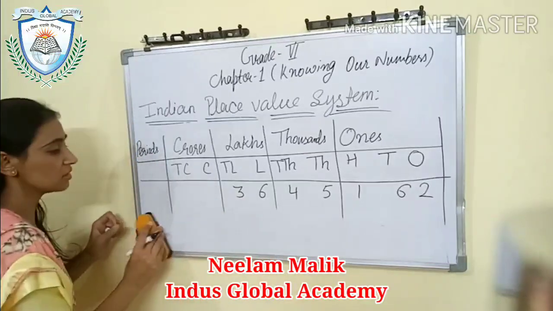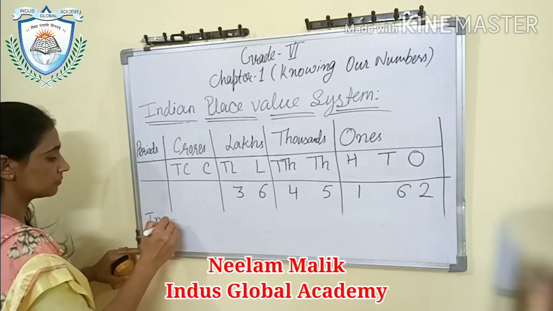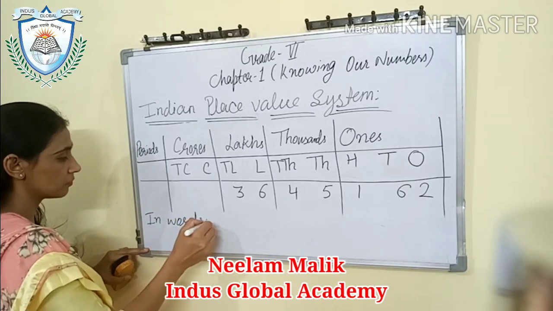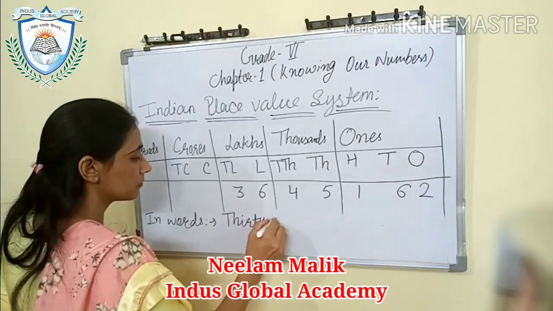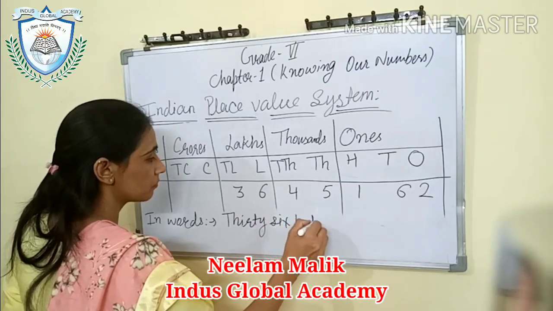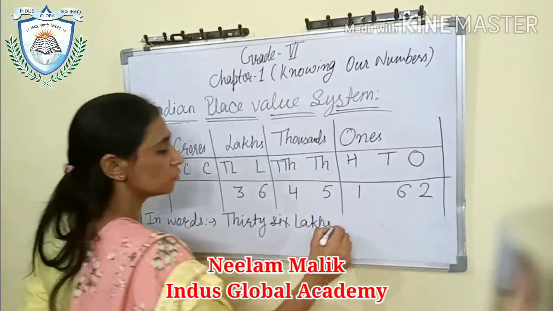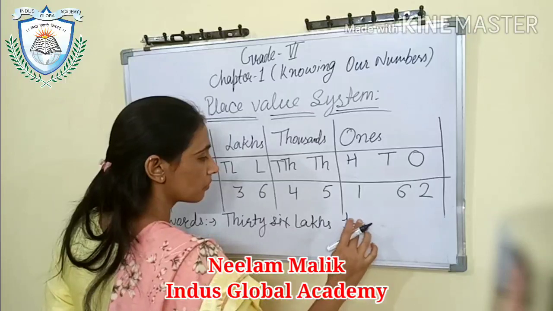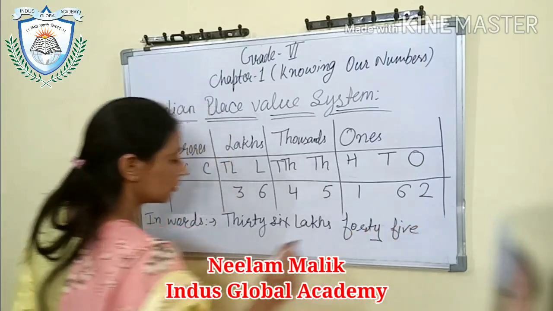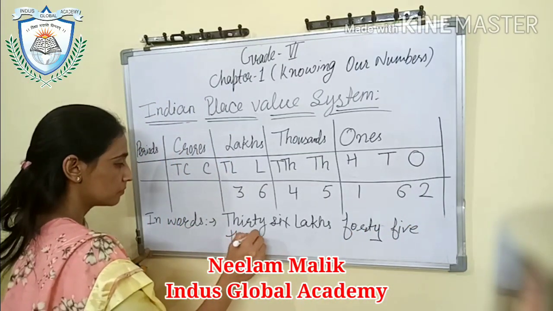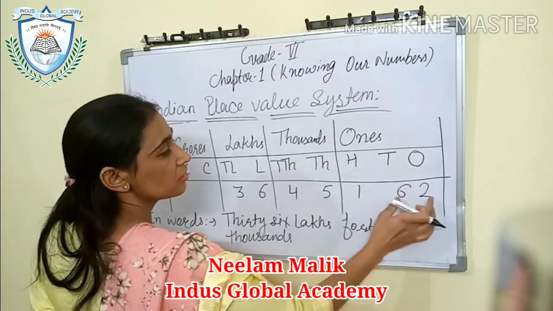If you have to write this number in words, write this number in words. 36 lakhs, 45,000. This period is thousand. 45,000, next is 162.